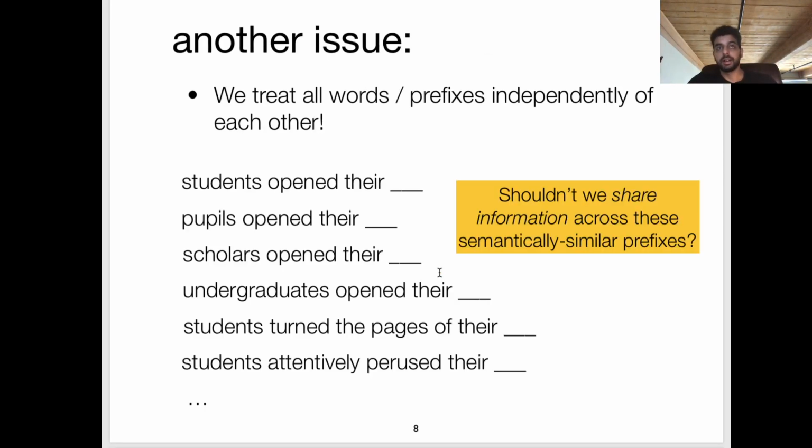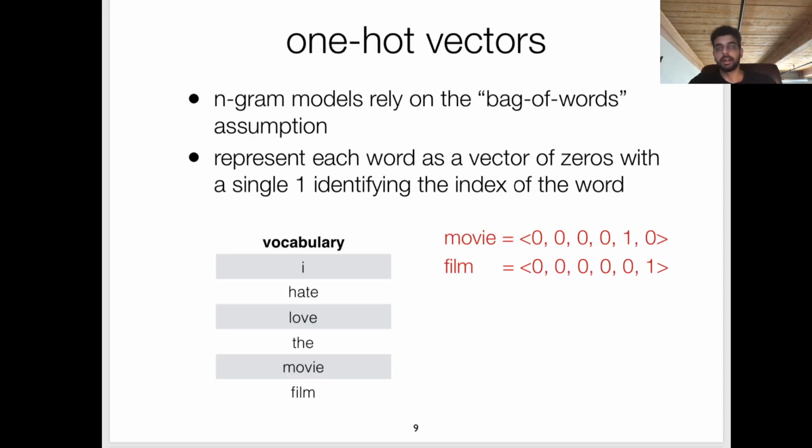So students open there has a separate representation than pupils open there, than scholars open there, right? All of these are separate rows in my n-gram table. And none of these one-hot representations are actually sharing information across each other.